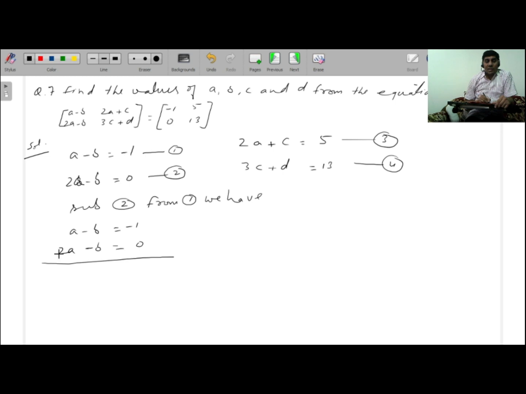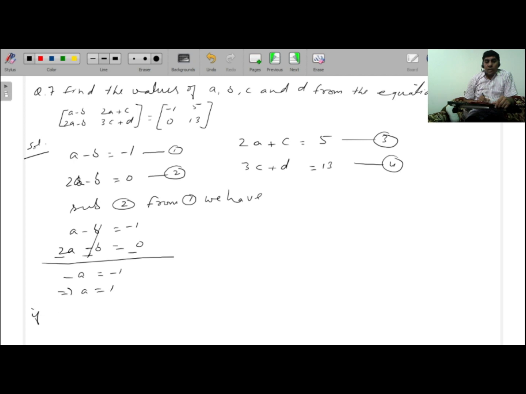We have to subtract this: negative, positive, negative. Cancel b with b. We have minus a is equal to minus 1. This implies a is equal to 1.